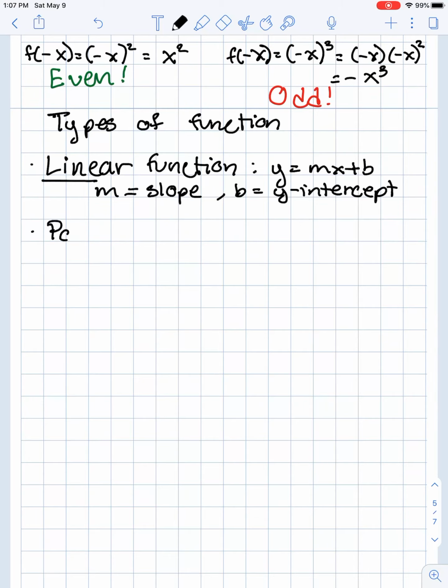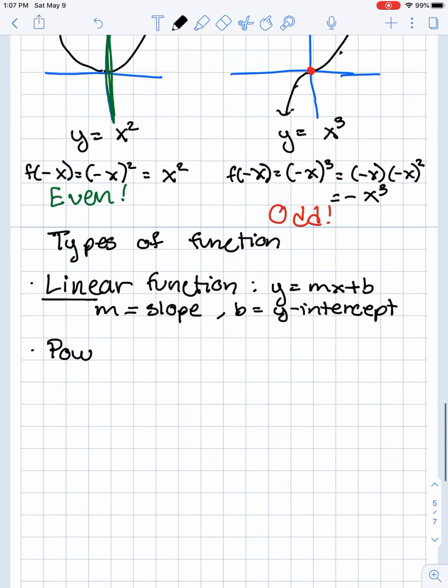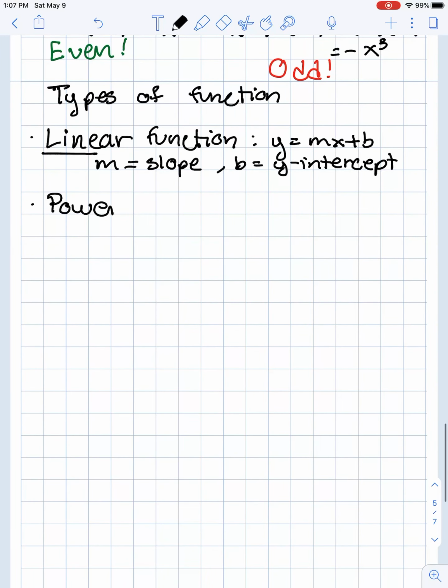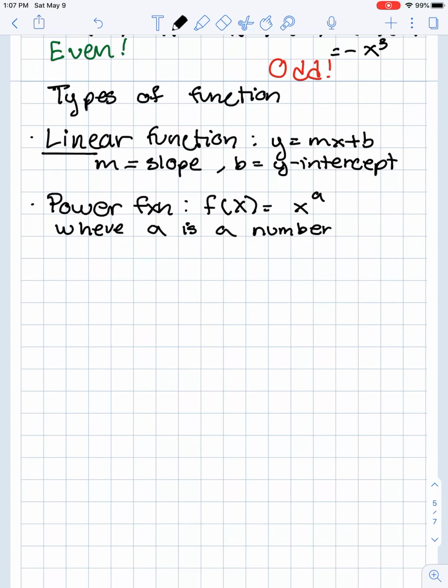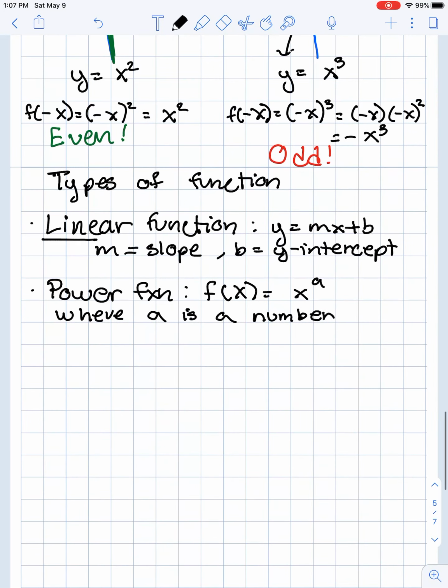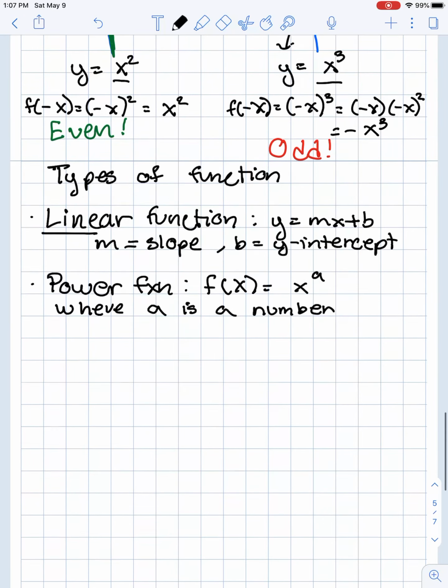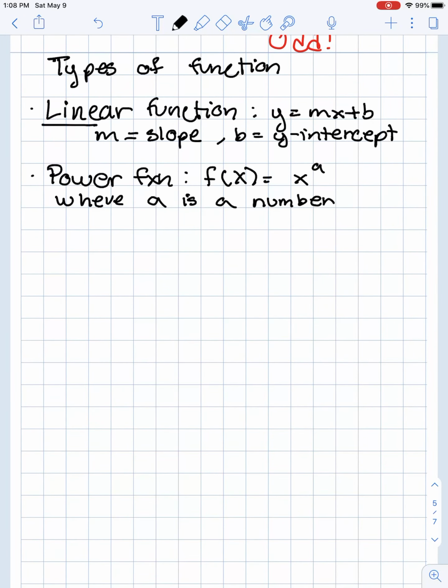The next one is a power function. That looks like f of x equal to x to the a, where a is a number. We already looked at two power functions, x squared and x cubed. So that's when a is greater than 1.